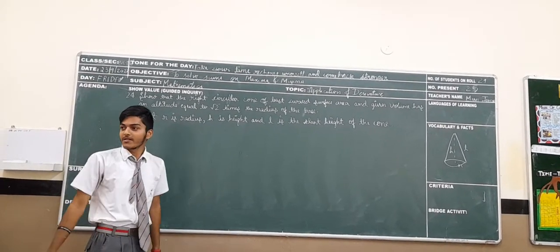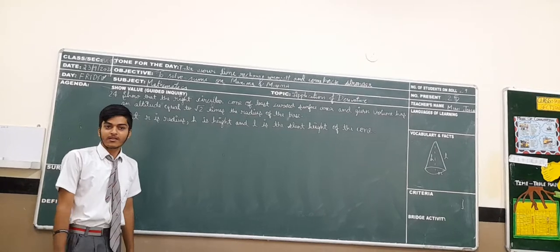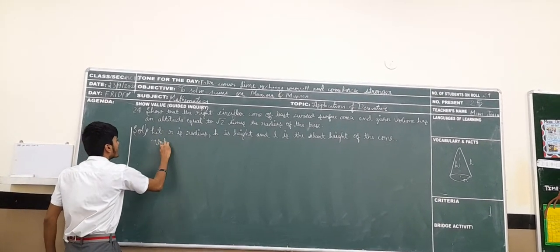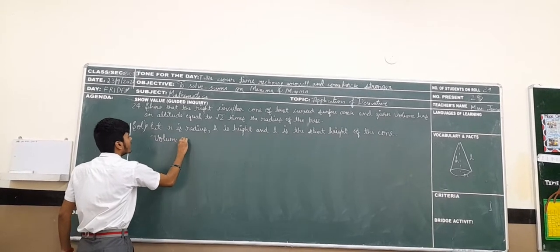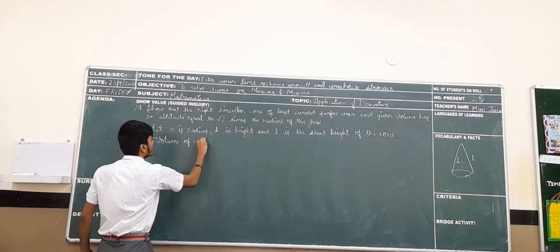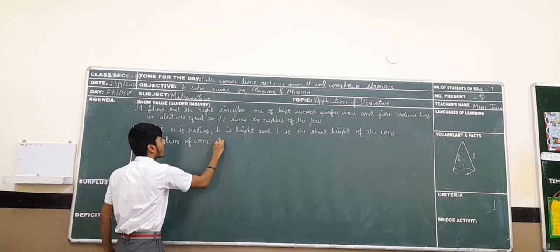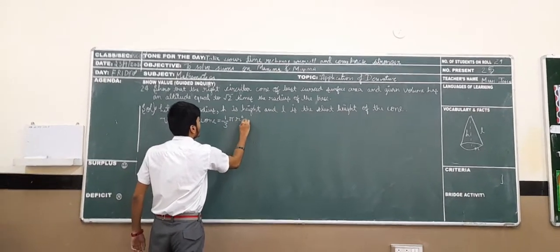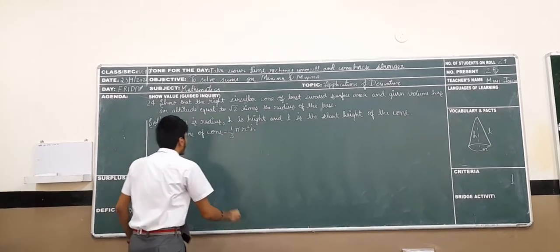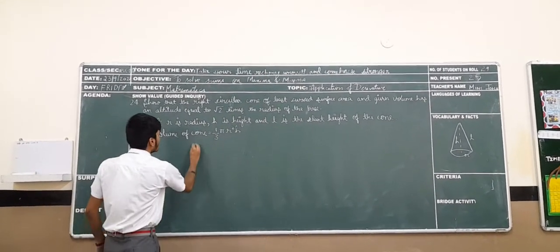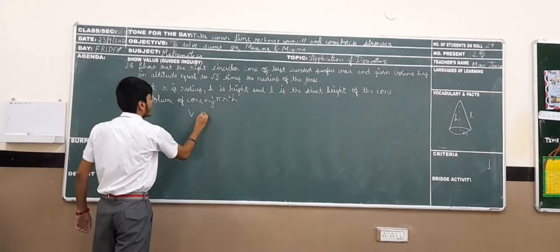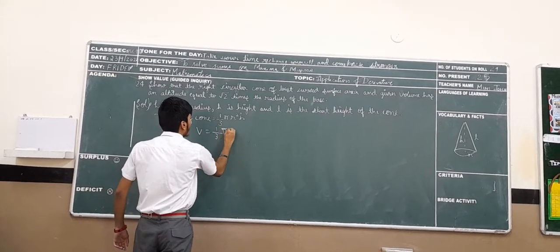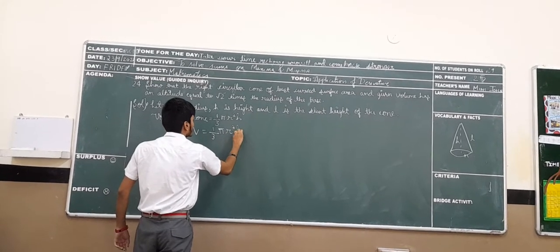Can anybody answer? Volume of cone. Yeah, right. Volume of cone is equal to 1 by 3 pi r square h. Suppose we represent the volume of the cone as V. Then V is equal to 1 by 3 pi r square h.